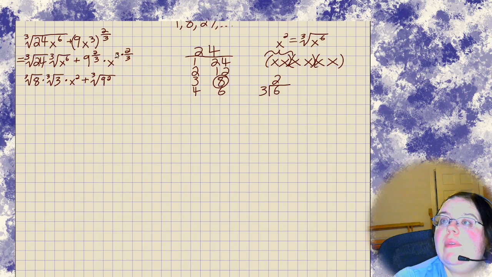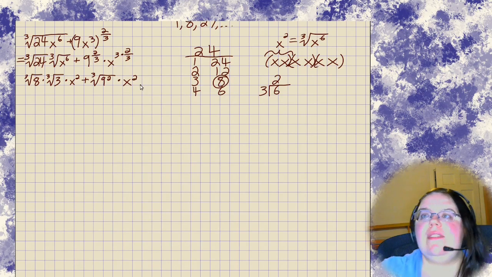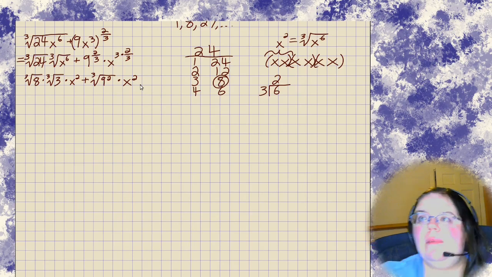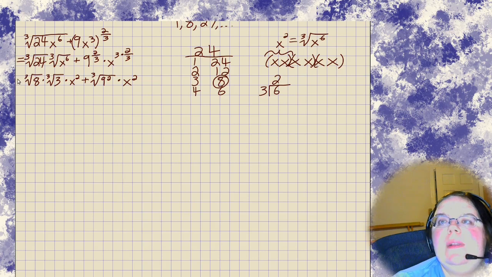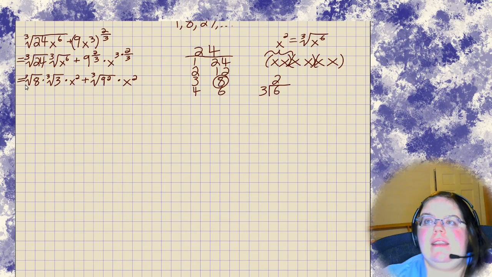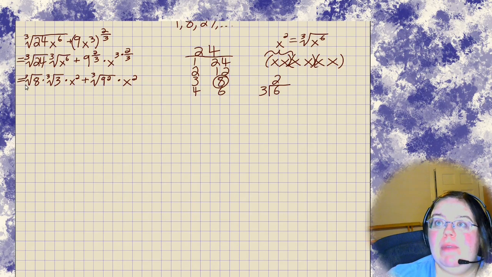And I notice that we've got 3 times 2/3 here. Well, that's just going to be 2. We know how that works. So we just have an x squared. Okay, so it's starting to look a little simpler in some ways than it did before. Still kind of a mess. Still not what I would call a fully simplified expression I'd want to work with, but we've made progress.